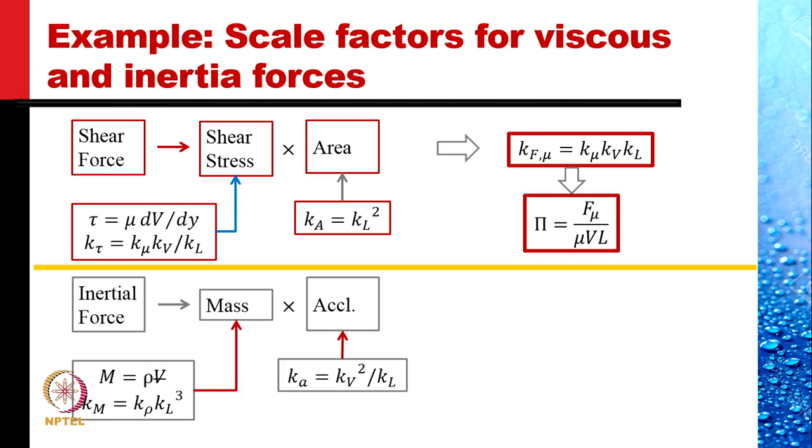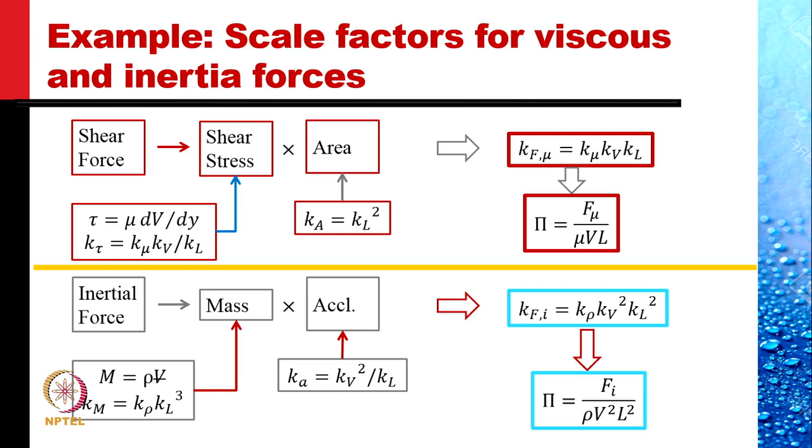And acceleration in terms of V and L can be written as Ka is equal to Kv square divided by Kl, so that the relevant scale factor for the inertial force Kfi is K rho, Kv square, Kl square. And from this, we get a pi number Fi divided by rho V square L square.